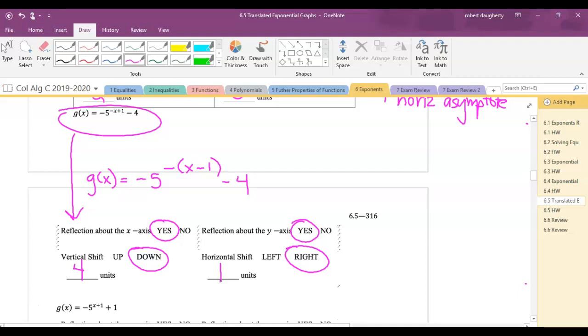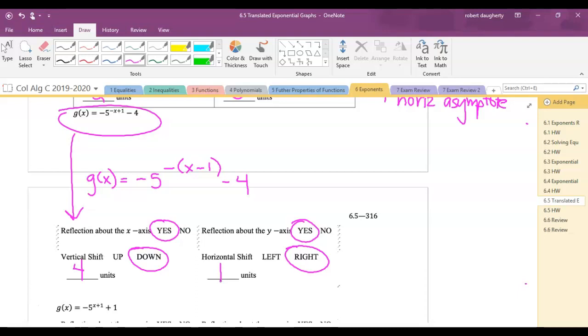If you don't do this, you're going to be tempted to say, oh, it's reflected about the y, and I'm going to look at that plus 1, I'm going to tend to say it moved where? To the left. Well, when you reflect it, the left and right change, okay?